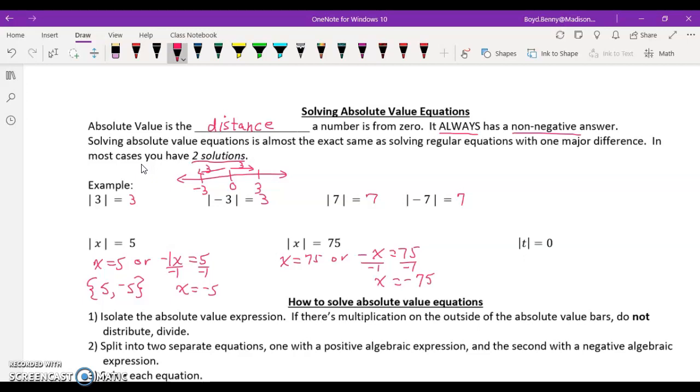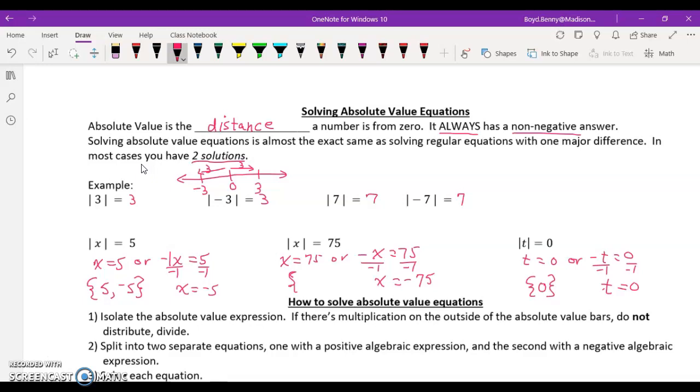Now, the absolute value of t equals 0, well, we don't have two solutions here. T can only equal 0. If we put down the opposite of t equals 0 and divide by -1, we still get t equals 0. So the solution set for this last one is just 0.